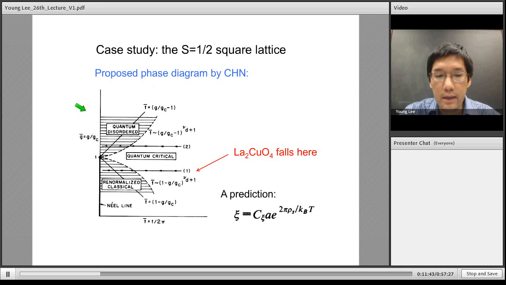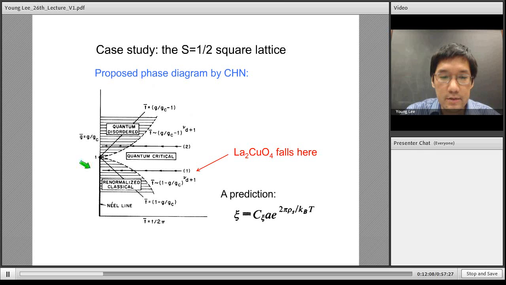And the basic observation then is that real materials that are good examples of the spin 1/2 square lattice, like lanthanum copper oxide, they do in fact have Bragg peaks at low temperature. And in fact, Professor Sinha first saw this with neutron scattering, that there was Bragg ordering in this spin 1/2 square lattice system.